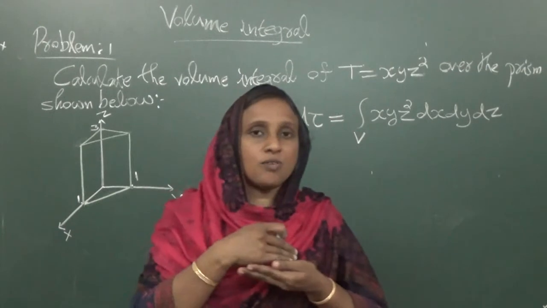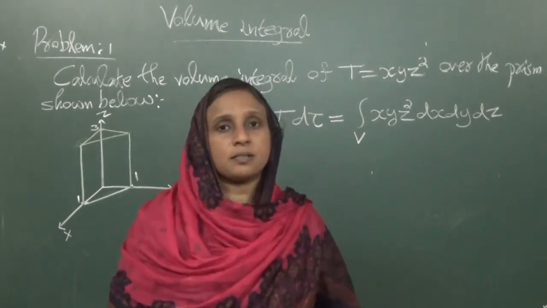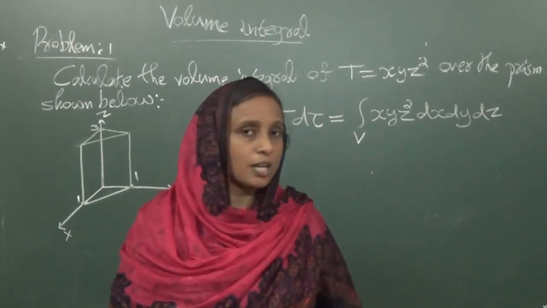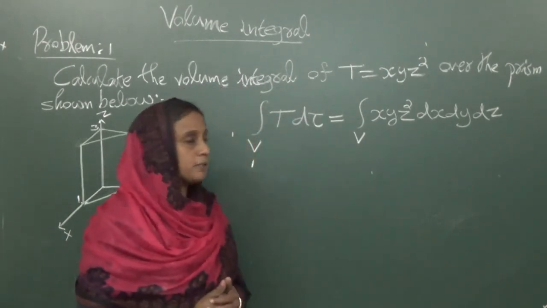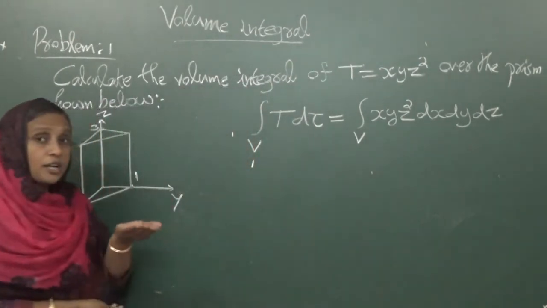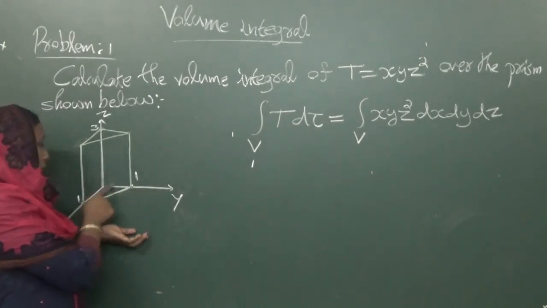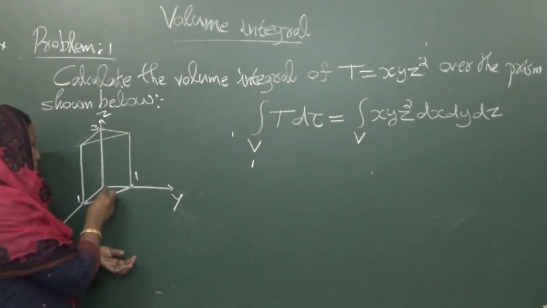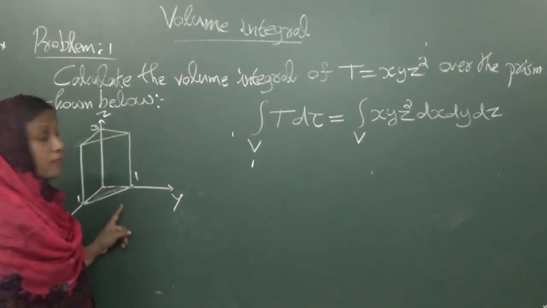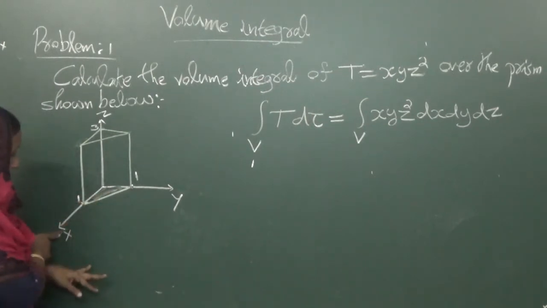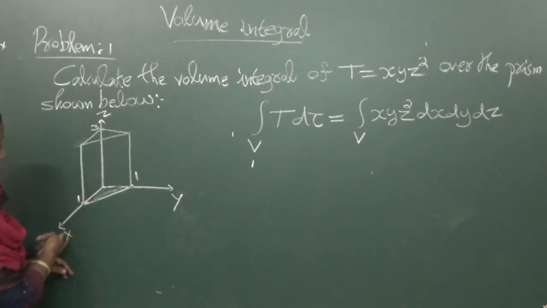Now we have to find the integration limits. For convenience, suppose we find the area of this shaded part. You know that this is the x-axis and this is the y-axis.